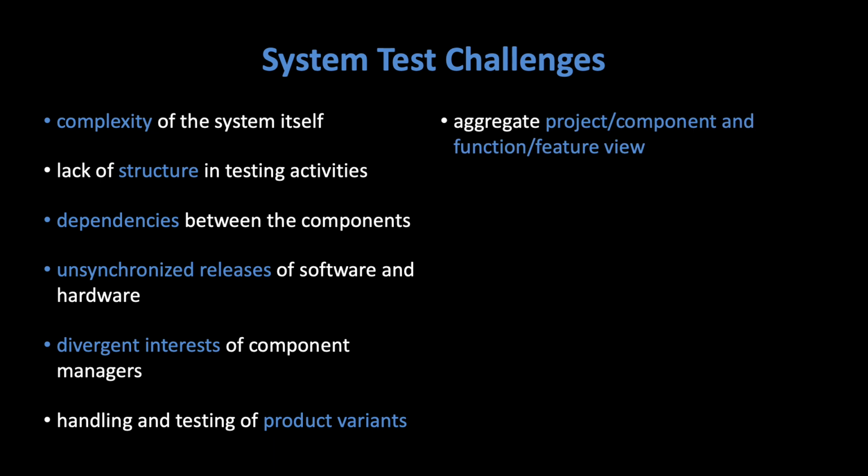And in complex systems, you usually have at least two different views on the product. So on one hand, you have the components managed by projects usually, and then you have the functions and the feature view.